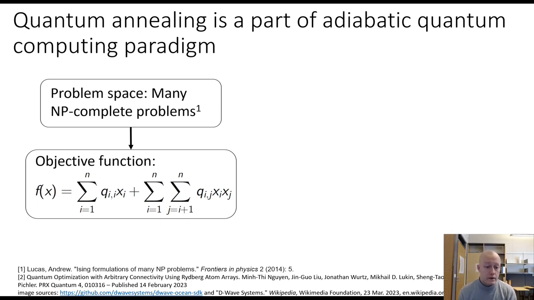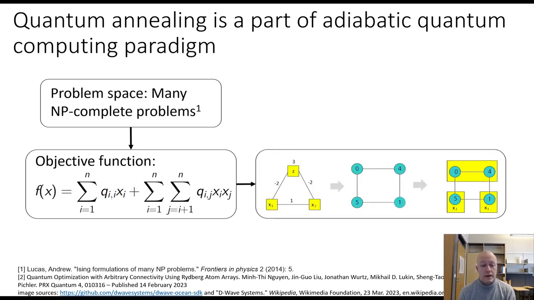And then the idea here is that we can map these objective functions to a certain type of graph, so that the nodes in the graph describe the variables, and the weights on the edges describe the coefficients of these quadratic terms.